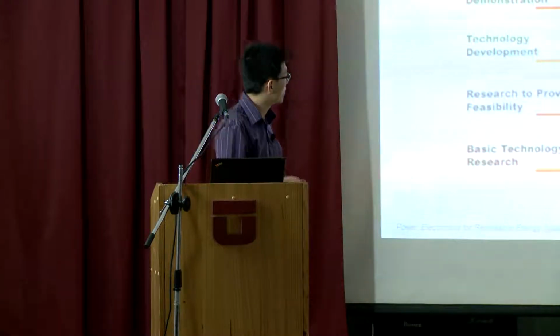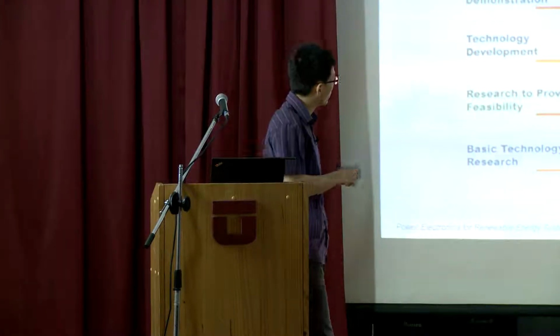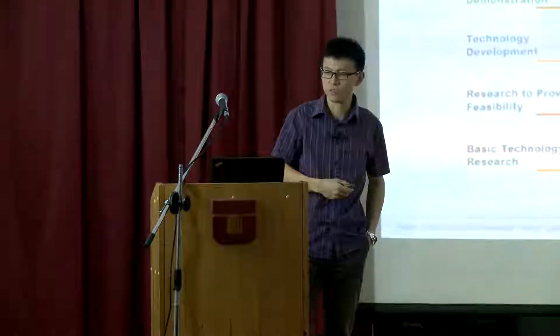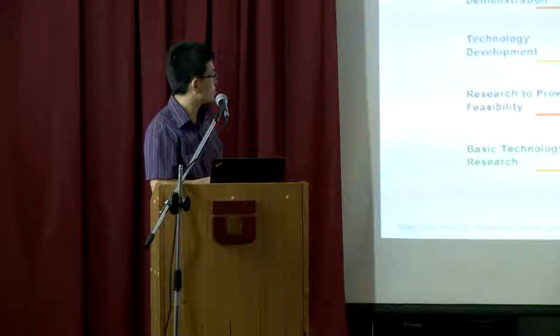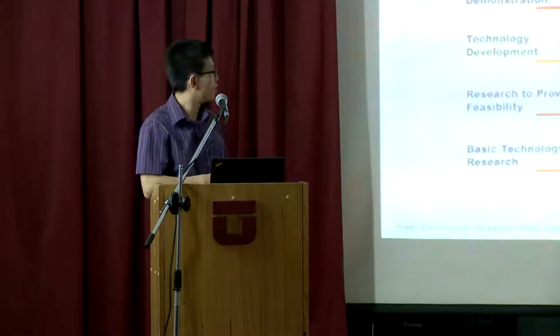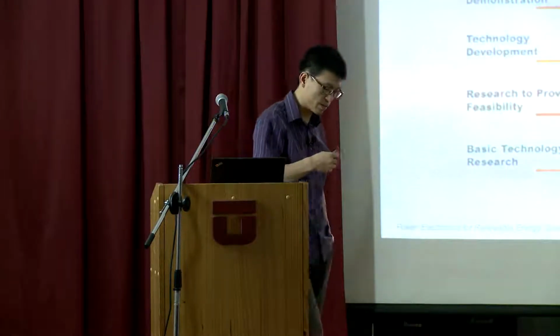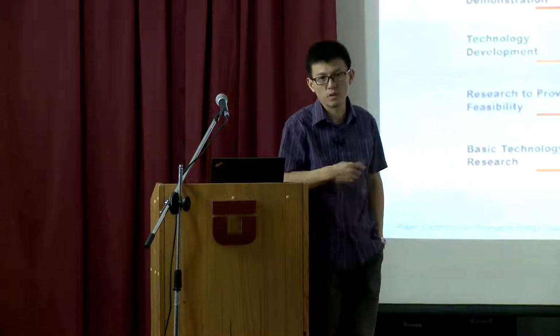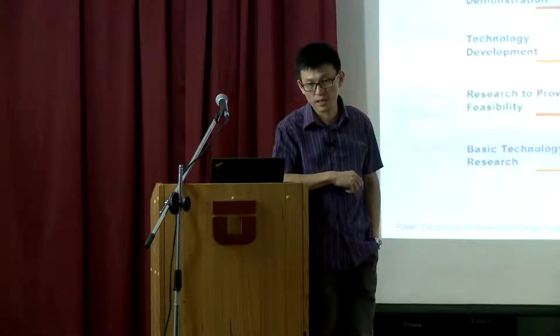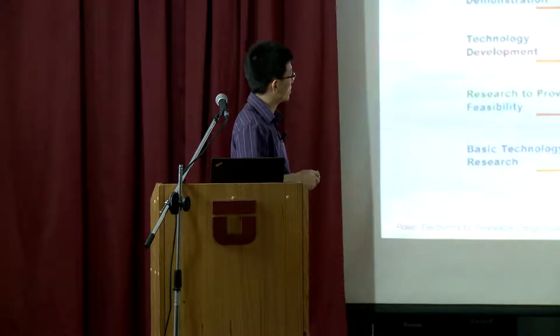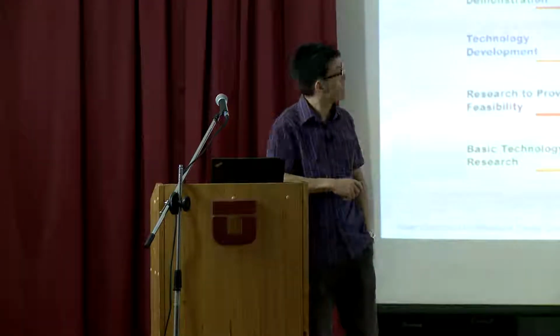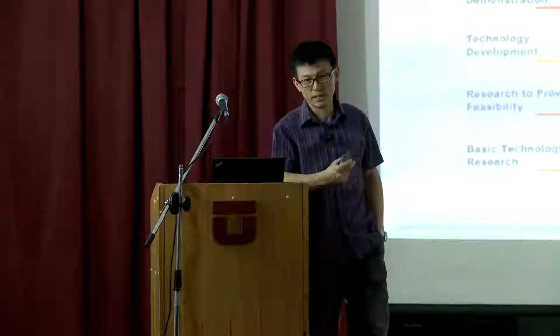Beyond 6 is more about maturity of the technology. For a university, we can go up to TRL 5 or 6, but beyond 6 I don't think a university can do it, because these kinds of activities beyond this level are more industry led. And TRL 9, of course, for aircraft means it's already in the aircraft.